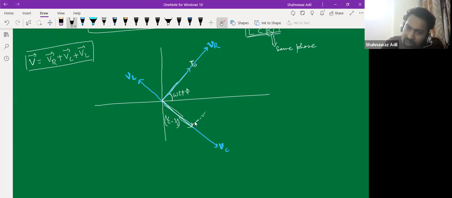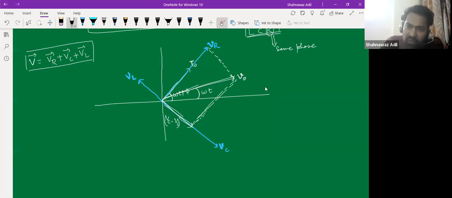if we take the parallelogram law and make a parallelogram, this would be your resultant. This is your V naught, which is making an angle omega t. So how do we calculate this V naught?